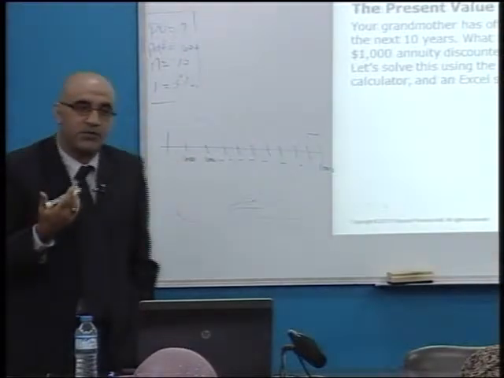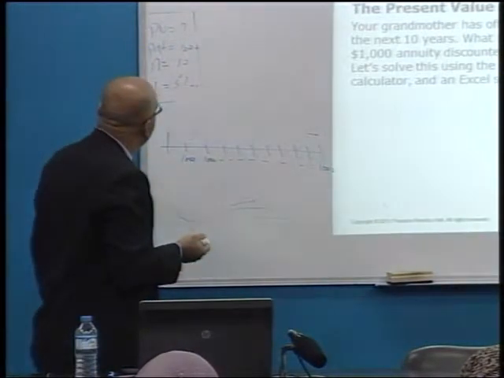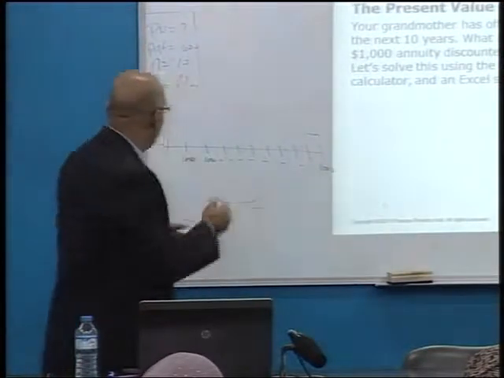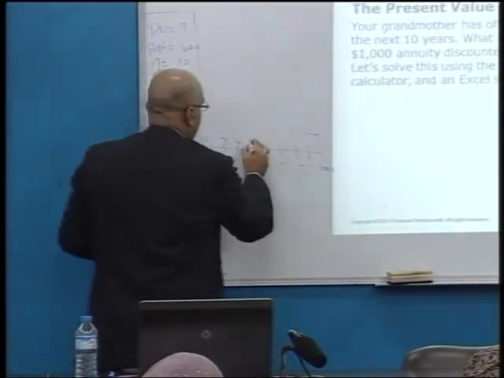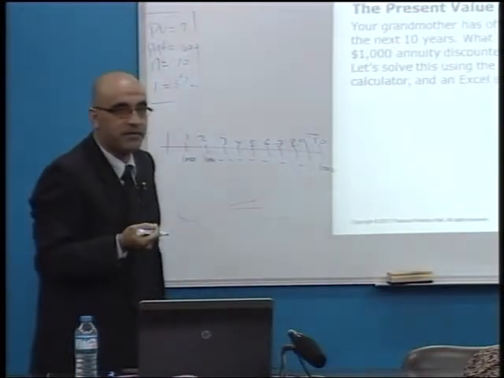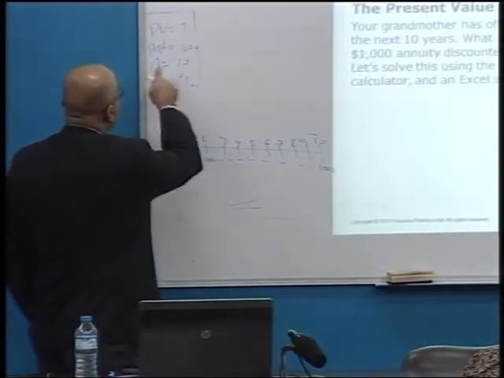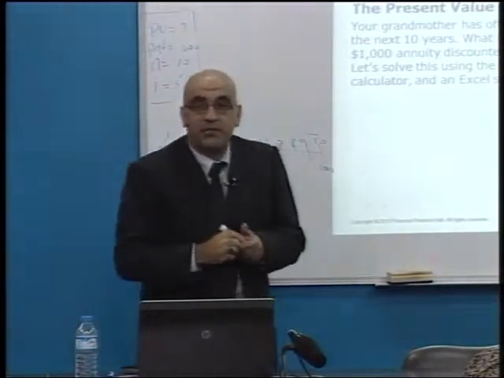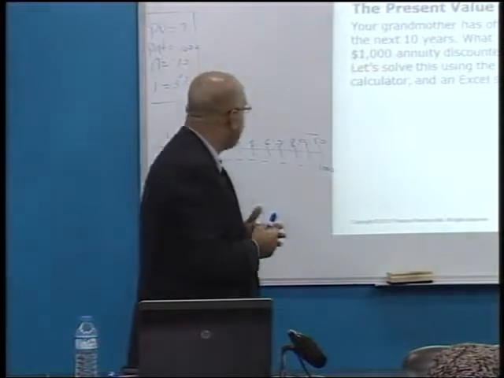Okay, try to use this picture in your exam or in your homework. So we have payments 1, 2, 3, 4, 5, 6, 7, 8, 9, 10. We have 10 payments and 5%. Okay, try to use your calculator again.